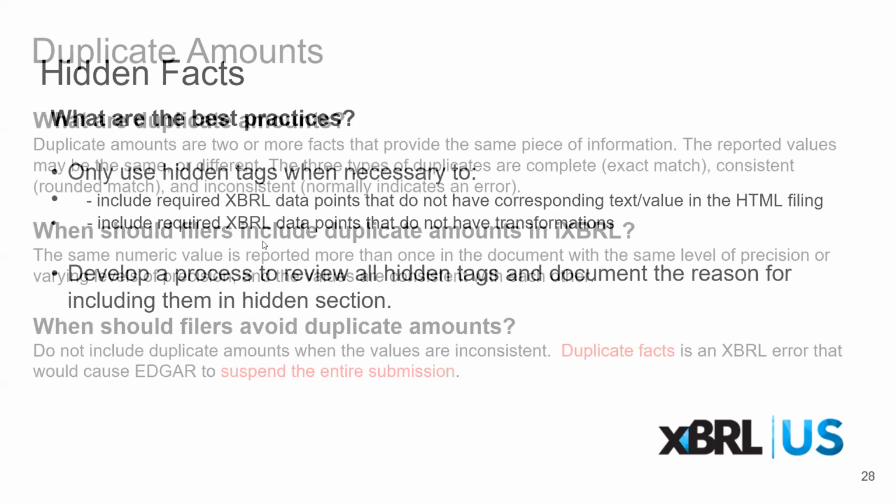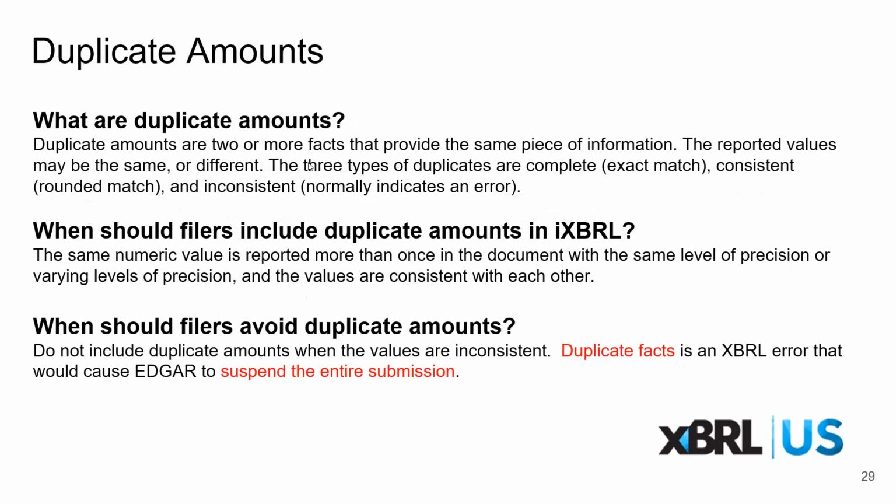Okay, so I'll move to the next slide here for you. Great, thank you. As far as duplicate amounts, the reason the concept is new is that, as Brian explained earlier, in the traditional XBRL format it was a process to include all your disclosed information in the XBRL instance document, and if you had multiple usages of a disclosure item, you wouldn't include it in the instance document multiple times.